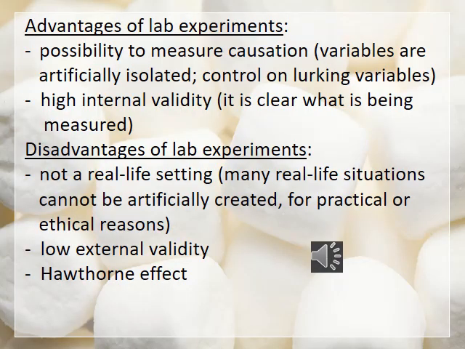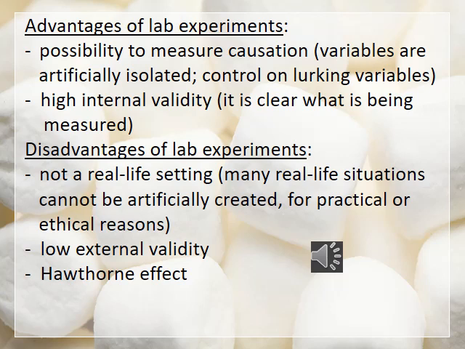There are pros and cons of doing a lab experiment. Advantages are it is much easier to control lurking variables because you control the whole environment of the experiment. So it's much easier to measure causation here. Also, these lab experiments are more valid.